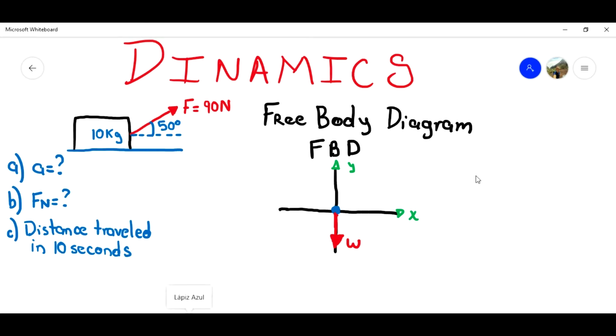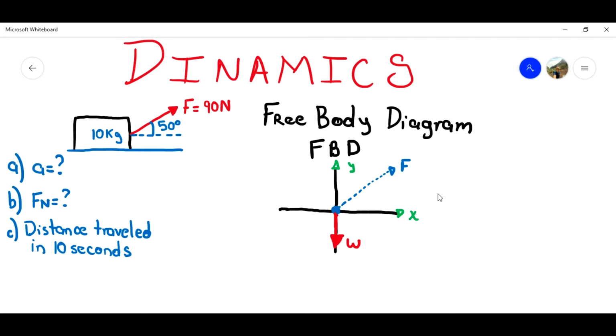And then I'm going to draw the force that is being used to pull the block. This is the force. But I don't want this force. I want to decompose this force so I can have the force in x-axis and y-axis. In order to do it, just remember the definition.